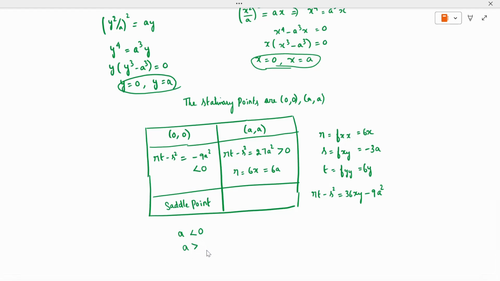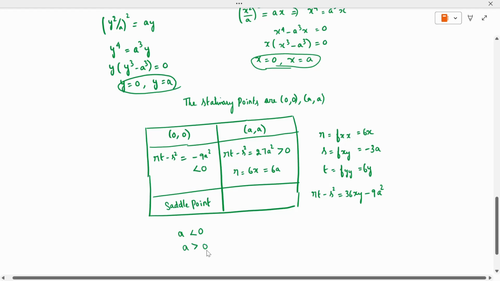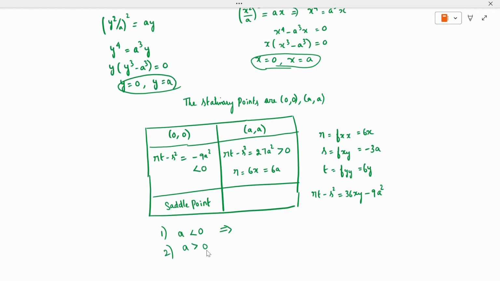So first case, when a is less than 0, I'll be getting R also less than 0.